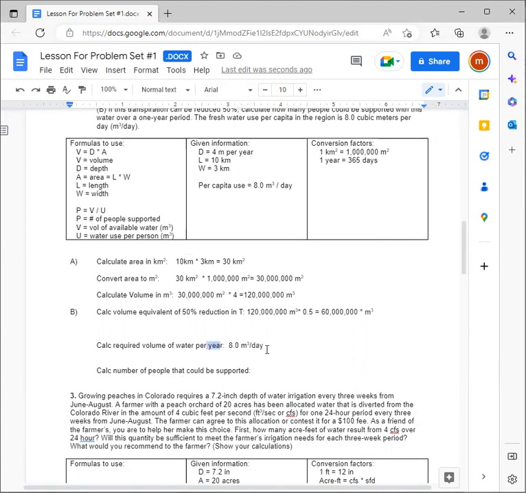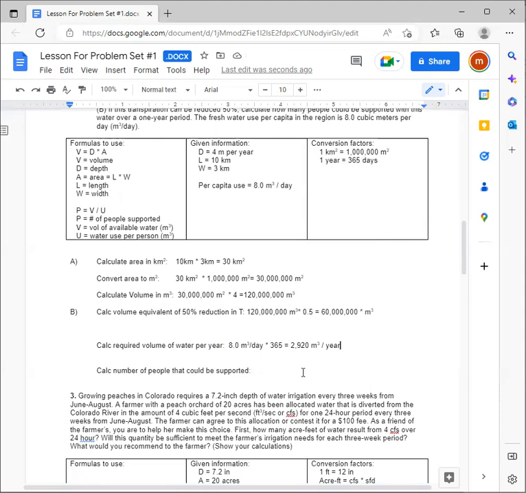So I think some of you missed this step when you submitted the problem set 1 the first time. So we'll just multiply that by the 365. And then that gives us 2,920 cubic meters per year. So that's the annual water use per person in this region.